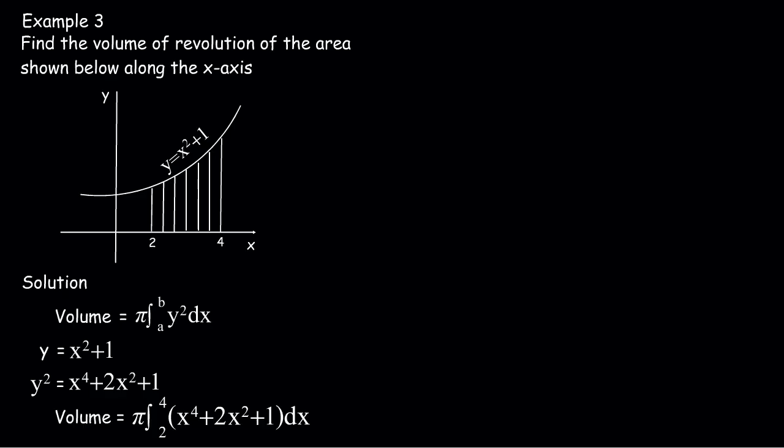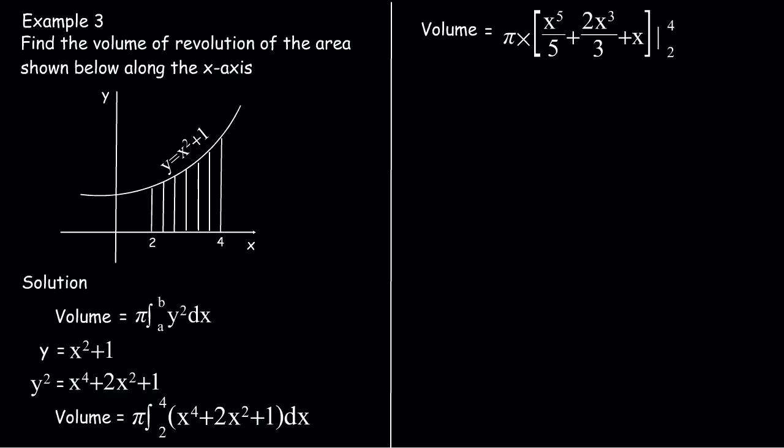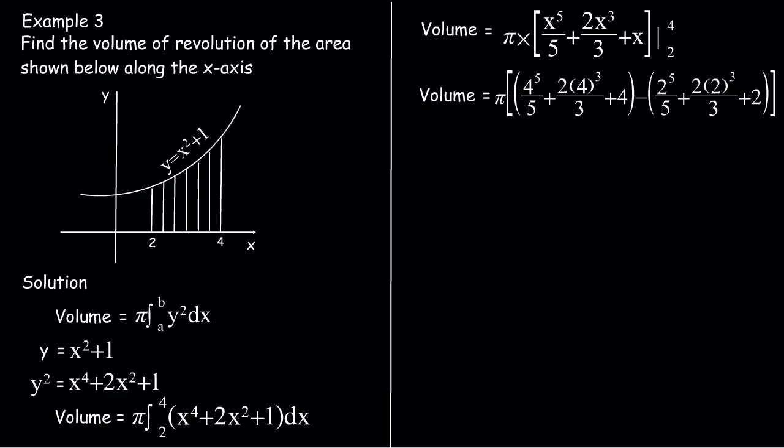So therefore, substituting, our volume will be equal to pi the integral of x to the power of 4 plus 2x squared plus 1 dx from 4 to 2, and integrating, our volume will be equal to pi times in bracket x to the power of 5 divided by 5 plus 2x cubed divided by 3 plus x from 4 to 2. Now at this point, we are going to be substituting our upper limit and our lower limit, and when we substitute, it becomes volume is equal to pi in bracket 4 to the power of 5 divided by 5 plus 2 in bracket 4 to the power of 3 divided by 3 plus 4 minus in bracket 2 to the power of 5 divided by 5 plus 2 in bracket 2 to the power of 3 divided by 3 plus 2.